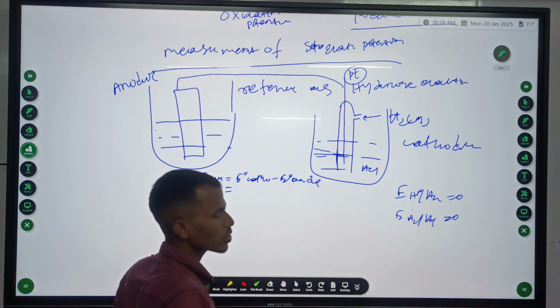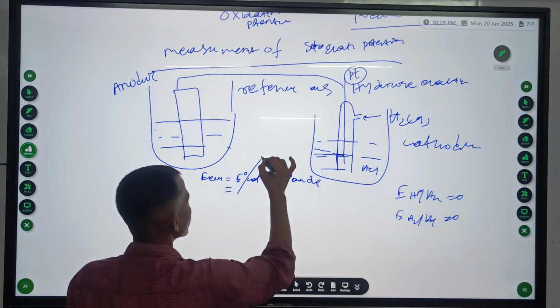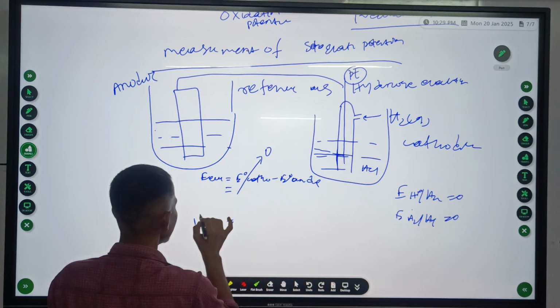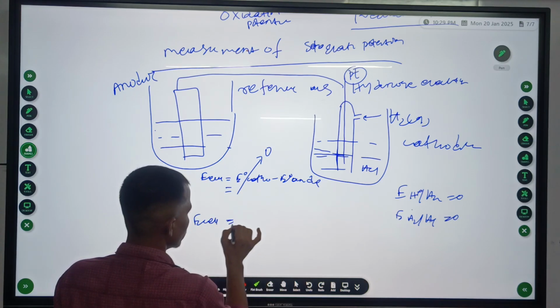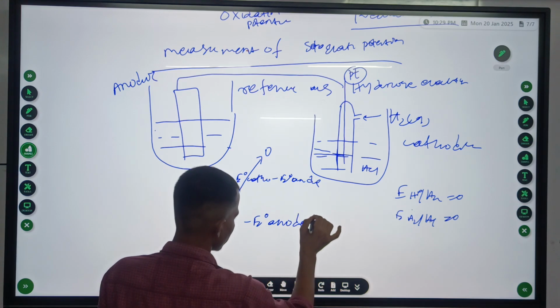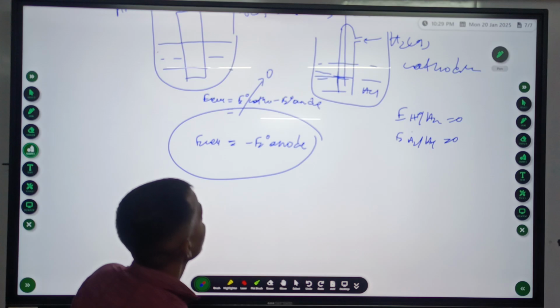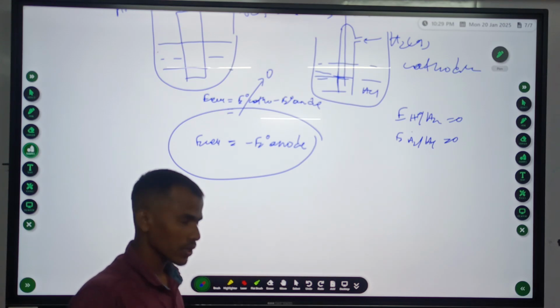So for the standard hydrogen electrode, the potential is 0. So E cathode tends to 0. So E cell is equal to minus E naught of anode. So from this we can calculate the electrode potential of any cell.